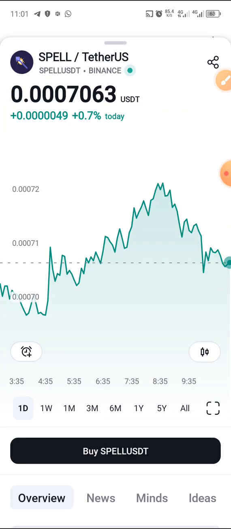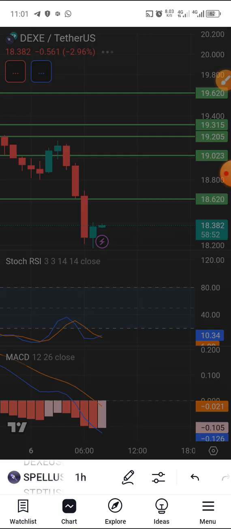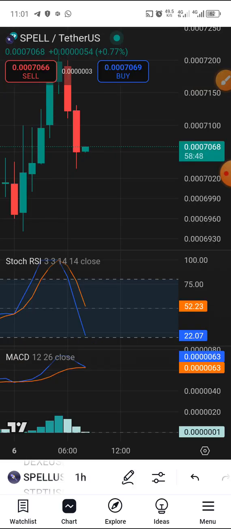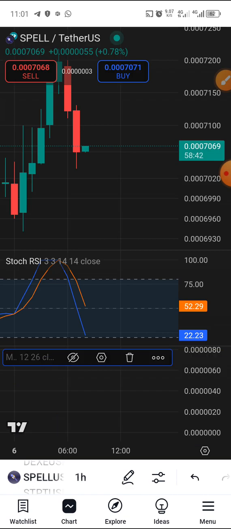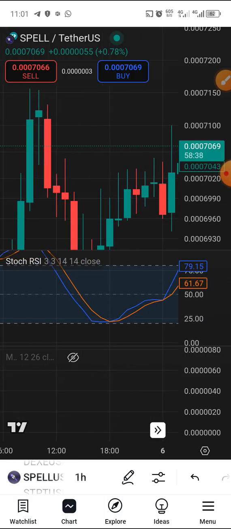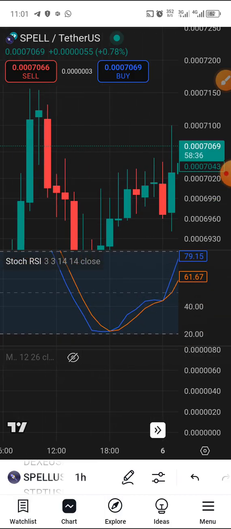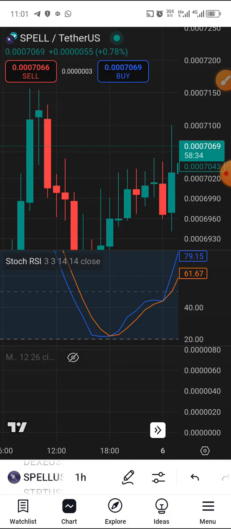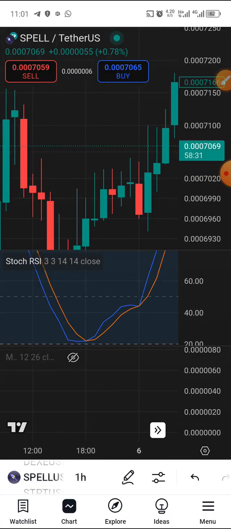So, just a quick presentation and learn, because this will be the last video I'm doing about the Stochastic RSI. With the Stochastic RSI, I told you that you can use it with a vertical line.